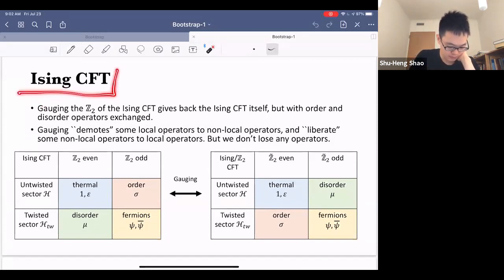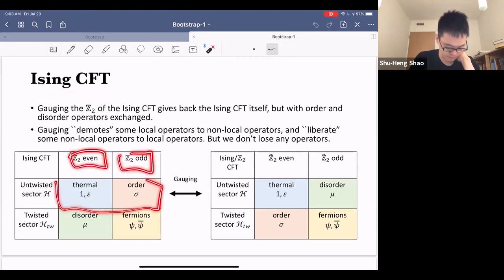In the Ising CFT, there's a Z2 global symmetry, and therefore we can divide our Hilbert space of local operators into the Z2 even and Z2 odd sectors. In the case of Ising, these are the identity and the thermal operator, and the Z2 odd operator is the order operator. But more interestingly, we also consider the twisted sector of the Ising CFT twisted by the Z2.